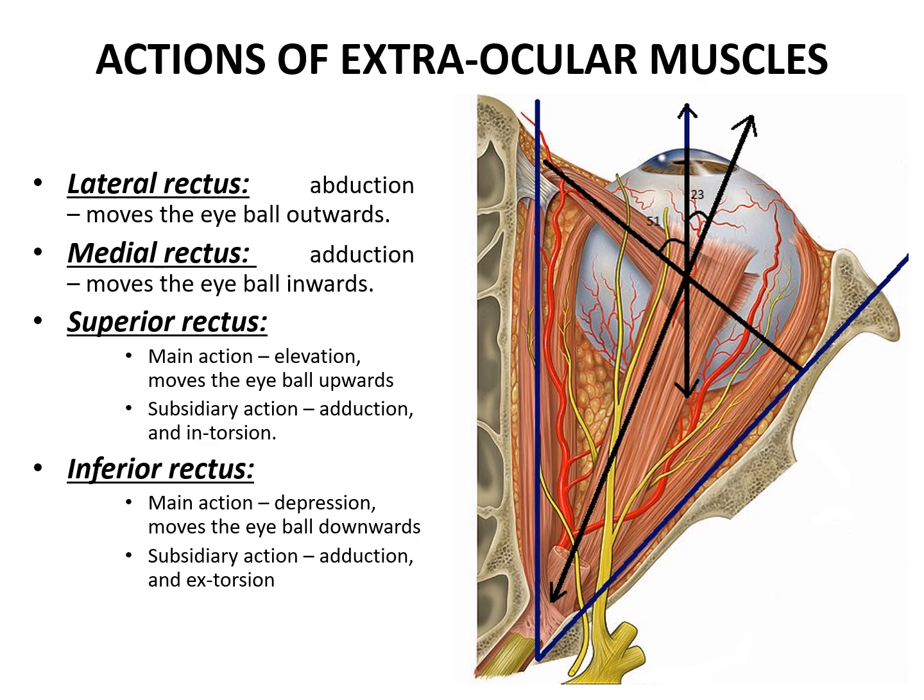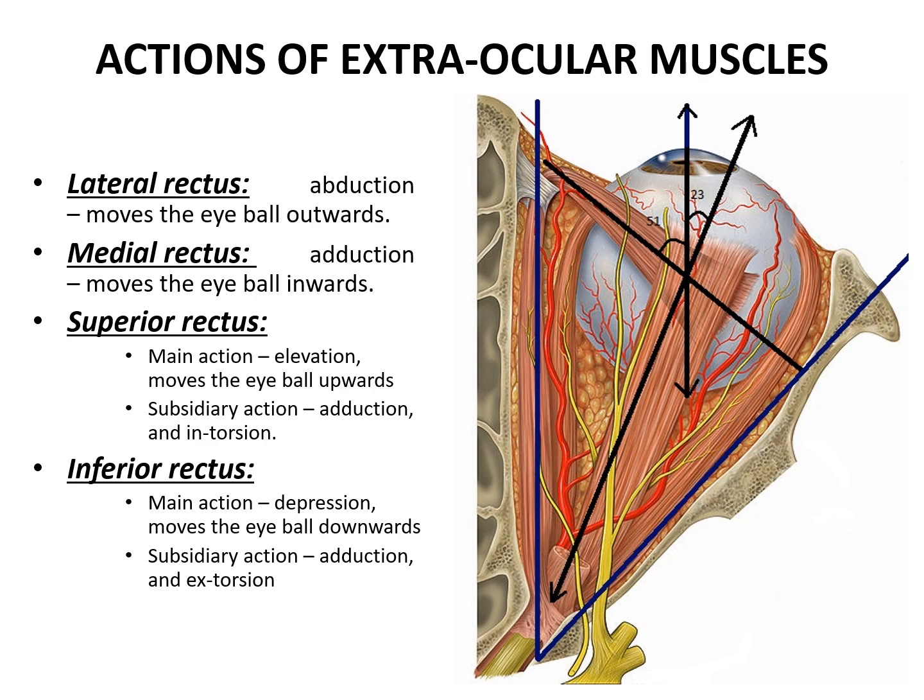As the superior rectus forms an angle of 23 degree with the anterior posterior axis, it has three actions. The main action of the muscle in primary position is elevation, along with subsidiary actions, that is adduction and intorsion.